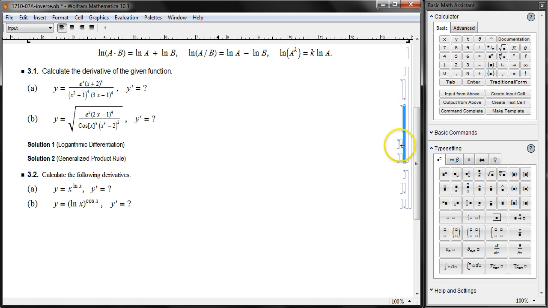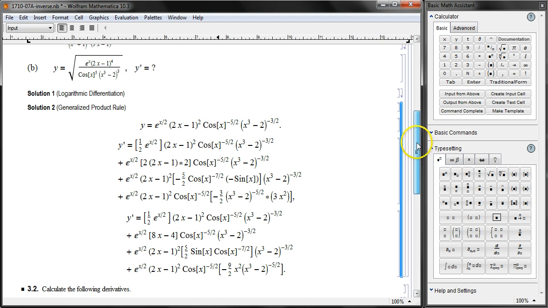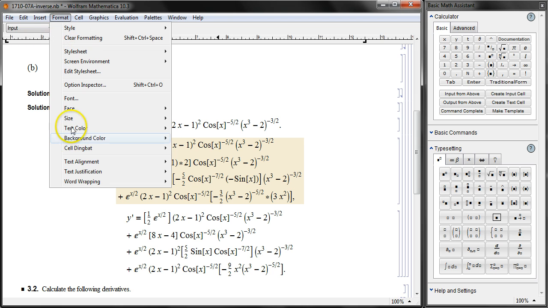For this problem 2, we can use the generalized product rule here. Passing this 1/2 power to the factors, we get the product of these 4 expressions, and then apply the generalized product rule. This is a derivative, I'm highlighting in blue.